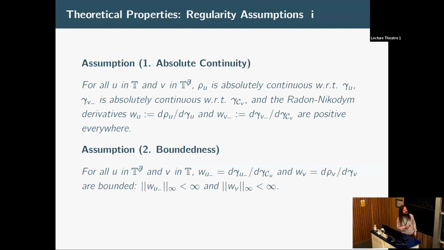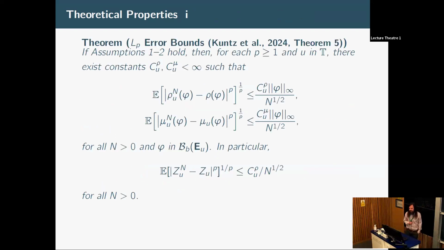And under these assumptions, you can obtain various results which are not very surprising. So you get LP errors, which under those assumptions converge at a root n rate for any bounded function. So if you look at the error between the approximation at any node in this tree of the unnormalized actual target and the approximation of the unnormalized target and the actual target, or the normalized analog, it converges at a root n rate.